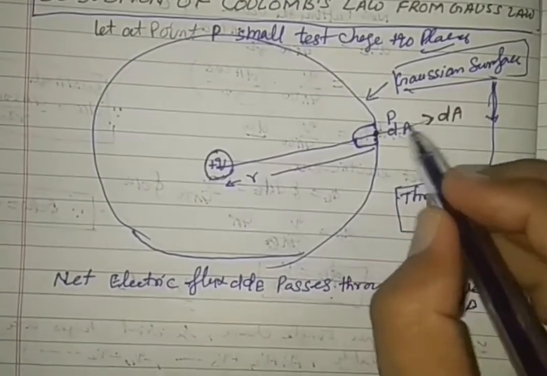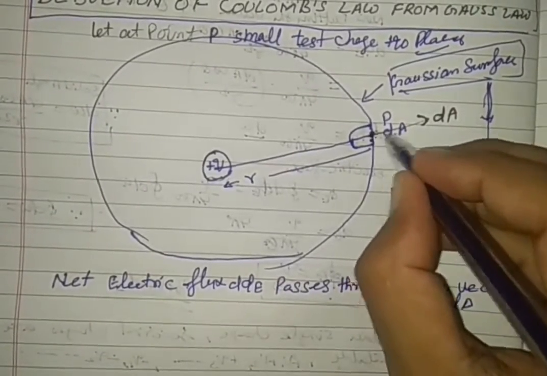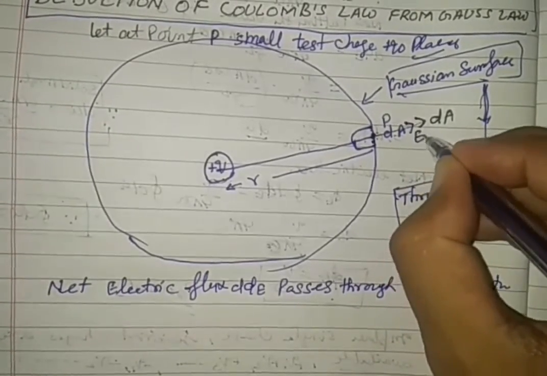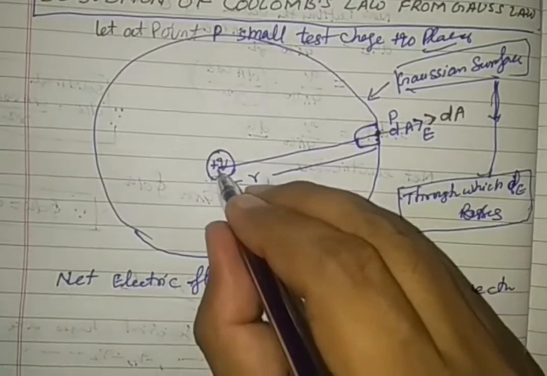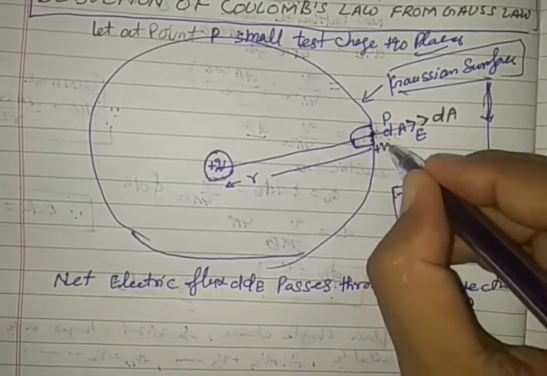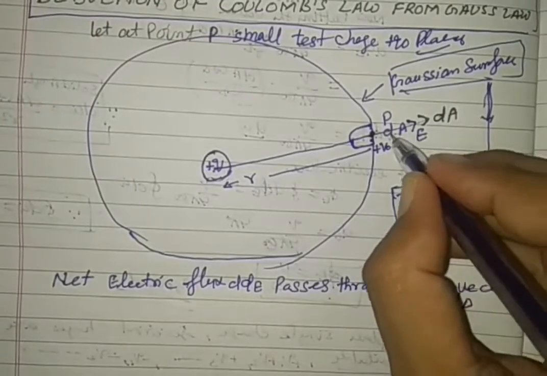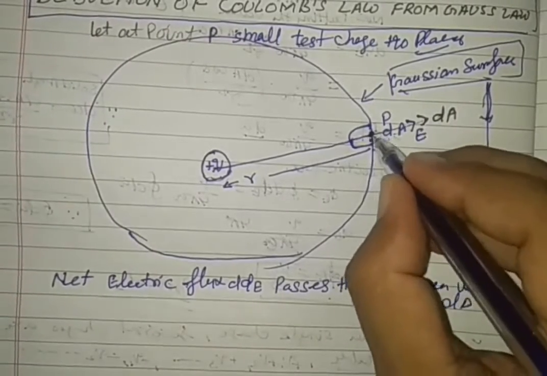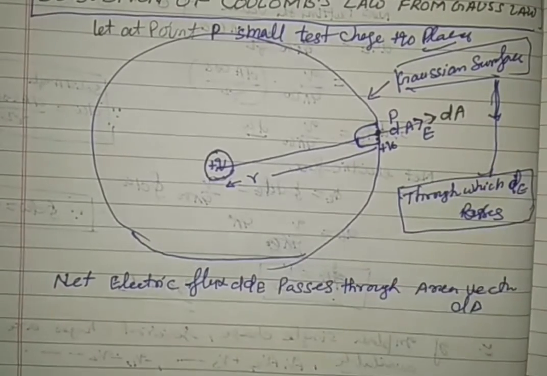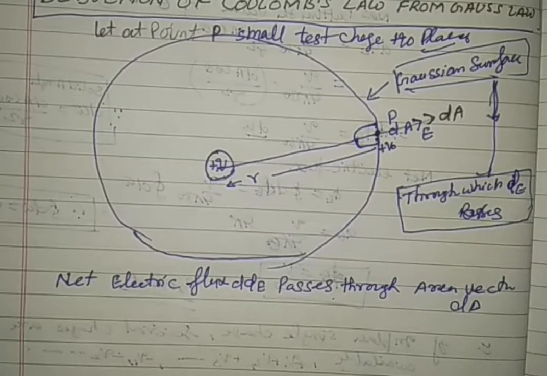See, this is dA. The test charge is kept here, then the electric field intensity is also in the same direction. The test charge, positive plus Q0, is kept here, so the repulsive electrostatic force acts in this direction. So area vector and electric field are in the same direction.